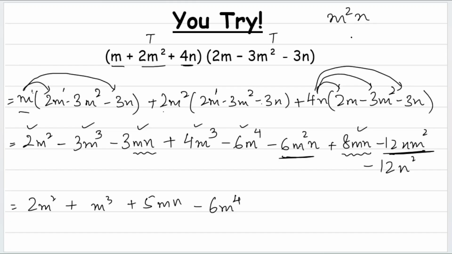You write n first, m square after, or m square first or n after, in any order you write it. But you carefully see m square, n. So they are like terms. So negative 6, negative 12 is negative 18 m square n. And my last term is this one. So it's negative 12 n square. And this is our answer.